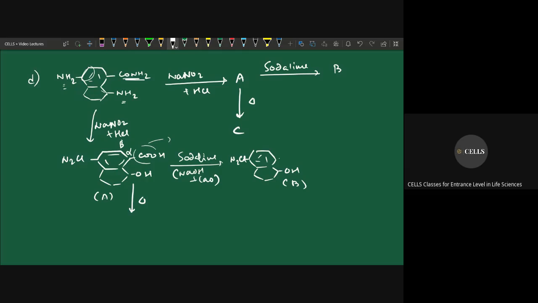So beta unsaturated carbon is also present over here, right? So there will also be decarboxylation and you will get the same product.